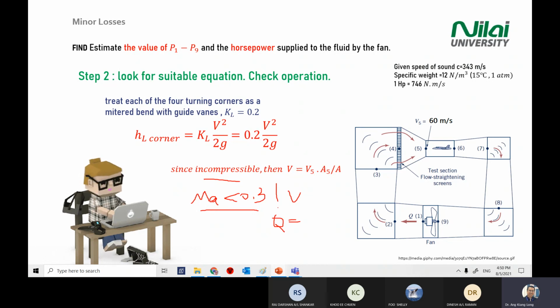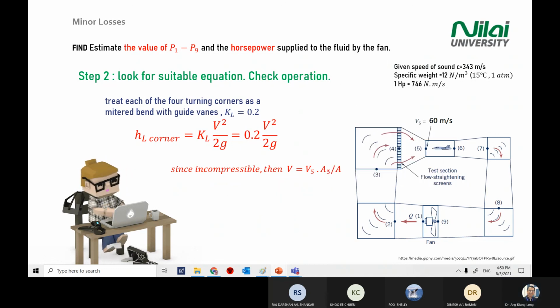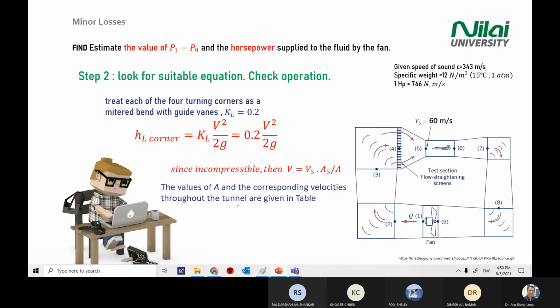So you can use V equal to Q divided by A at any point. That's why you can use this equation. This V you can compare at any point inside; you just put V divided by A. Let's say I label A here. A means you can replace it with any point here, and the ratio will be the same.